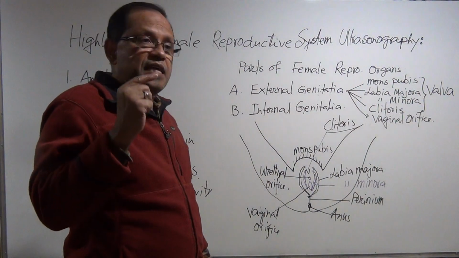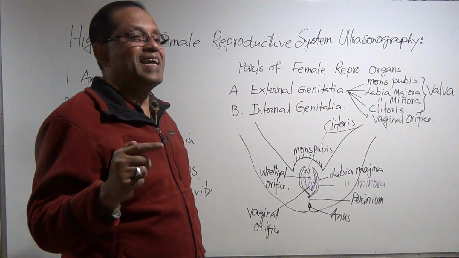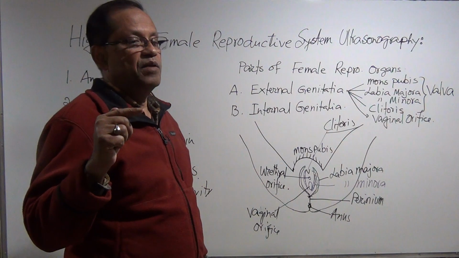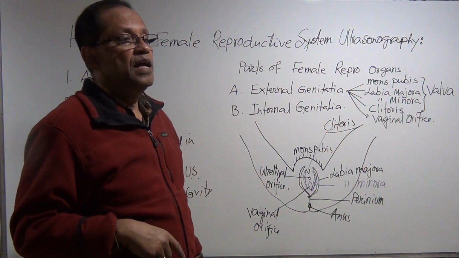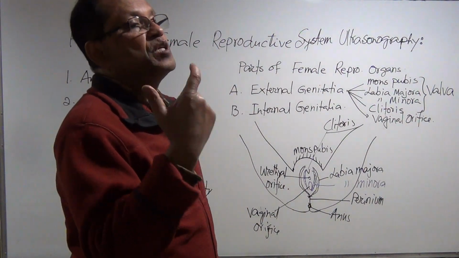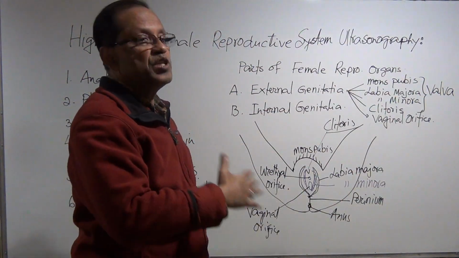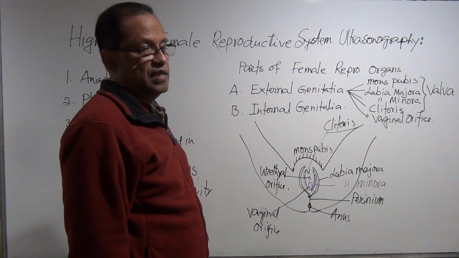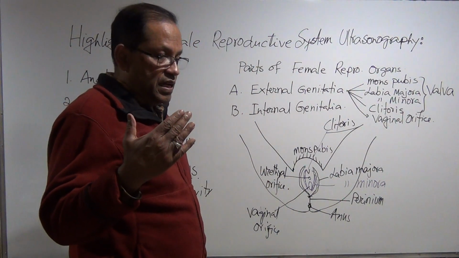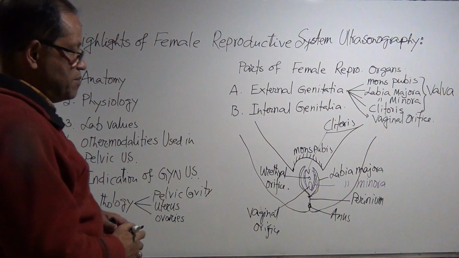That's why retrograde movement of germs can take place from the vagina through the urethra into the bladder from the genital organs. So that's why in females UTI, cystitis, is more common than in men.